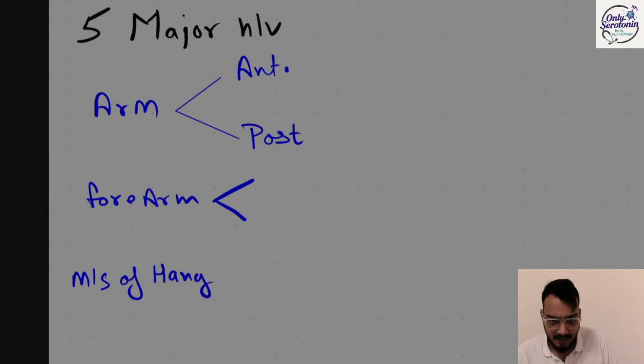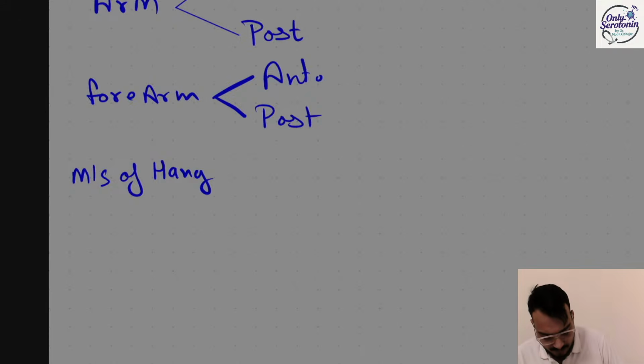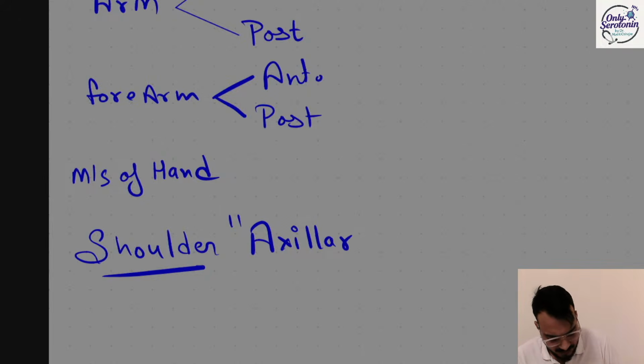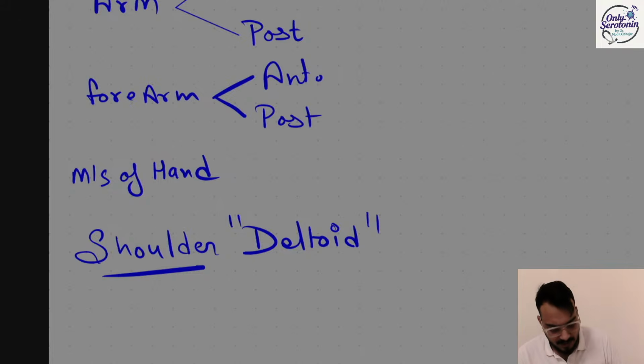The forearm is also going to have two compartments, again anterior and posterior, right? And then we are having the shoulder also. So in the shoulder we are having one muscle, that is the deltoid muscle, which is going to be supplied by the axillary nerve.